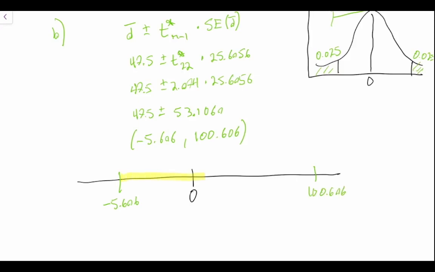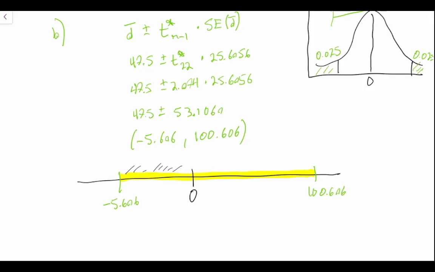This was our 95% confidence interval, and of course it includes 0 and values less than 0. And in the 95% confidence interval, what this is saying is that it's possible that there was a decrease in productivity. So what does this actually mean?